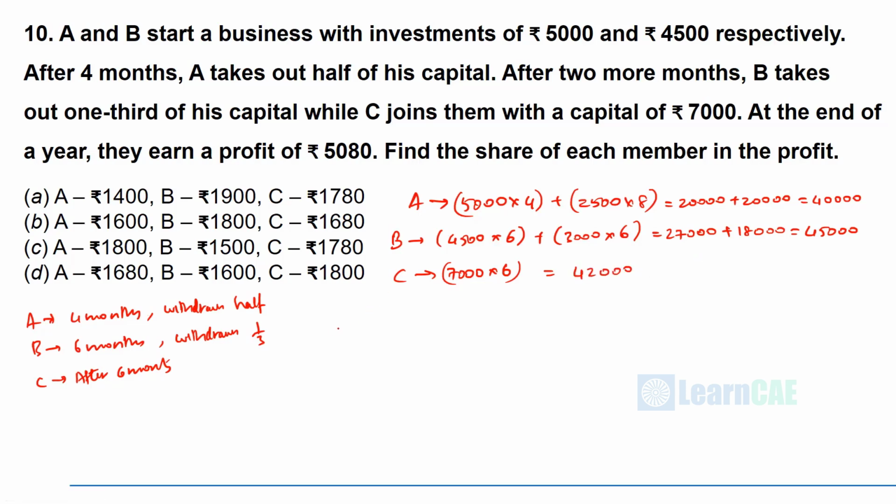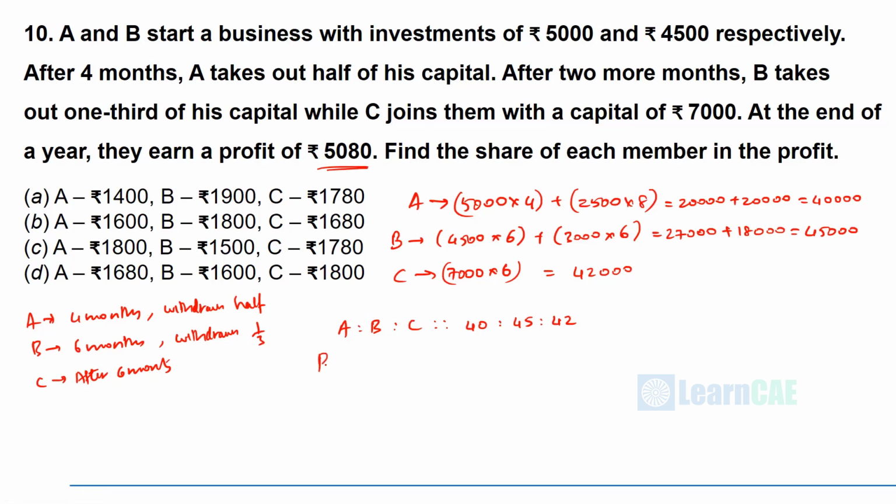So the ratios of the investment are A is to B is to C as 40 is to 45 is to 42. I am dividing all the contributions by 1000. I don't think we can simplify this further because there is no common factor to divide. Okay, they earn a profit of 5080.